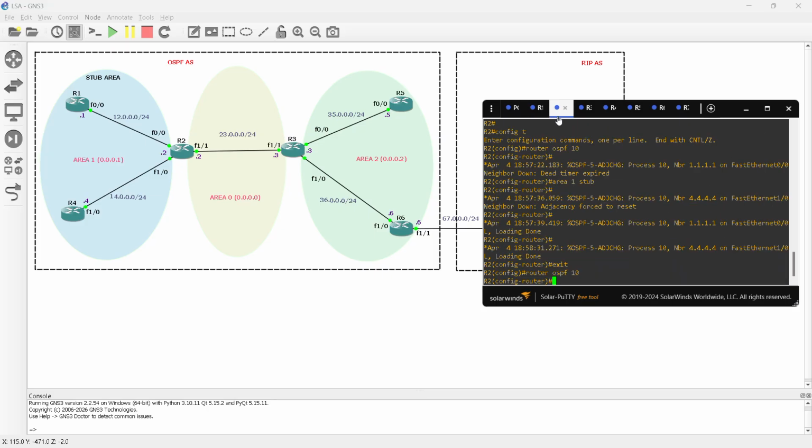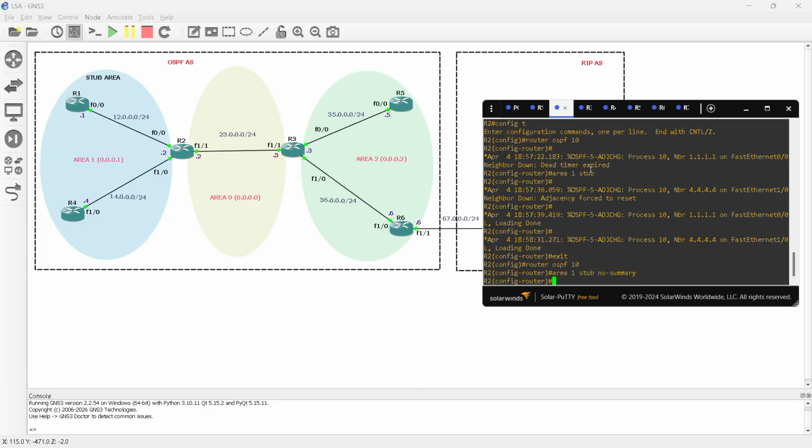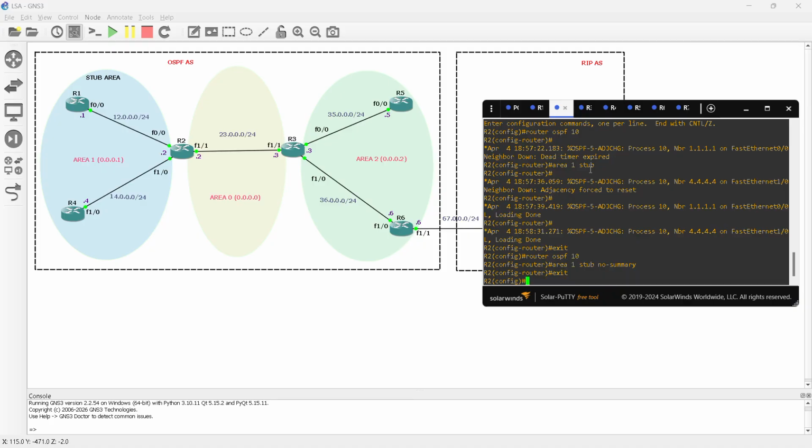So we'll go to R2 and there we will say area 1 stub. This was the previous command, right? But here we will add no-summary. We do not need any summary of any network. And after that we'll exit, and let's check.